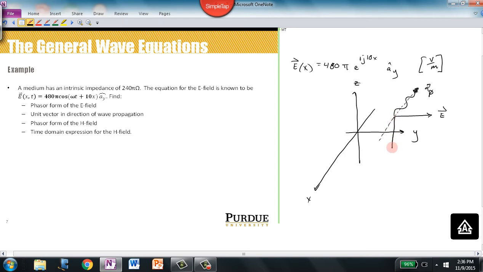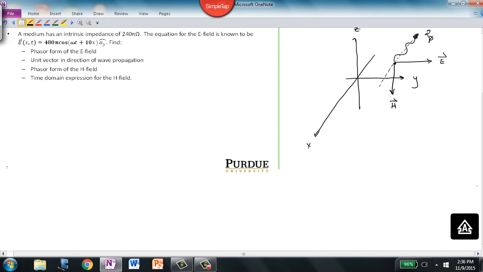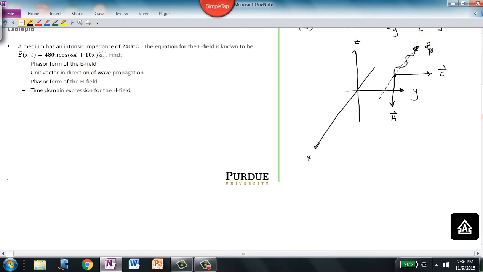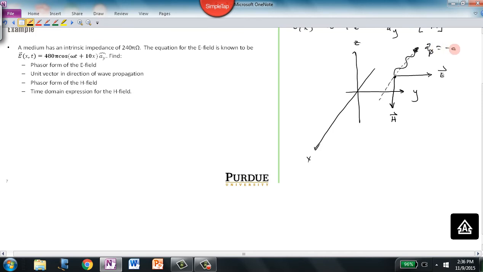So hopefully when we do the math, our result is that we get an H field that points in the minus z direction. So anyway, now we've formed the phasor form of the E field and the unit vector in the direction of the wave propagation, which was a hat rho equal to minus a hat z.